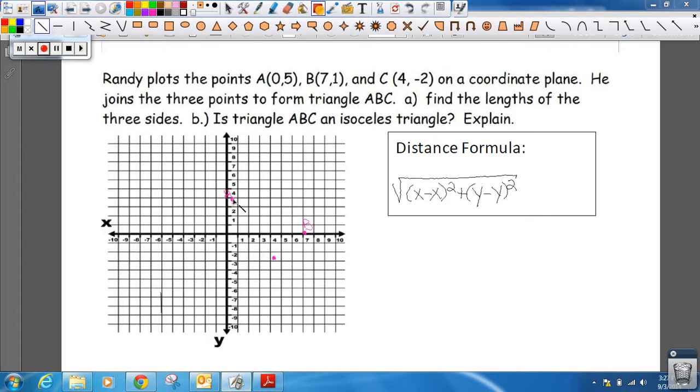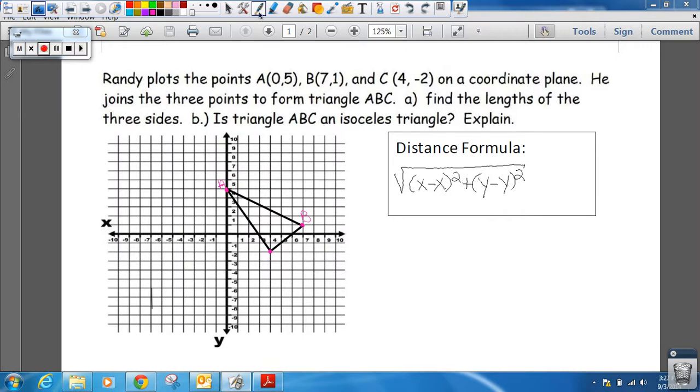Let's see if I can get it to work. Oh, it's on white. So let me change that color. Hold on here. We'll get this figured out. Let's try this. A connects to C, A to B, and B to C. If I look there, that's correct. I just lost my C here though, so we'll label that as C.